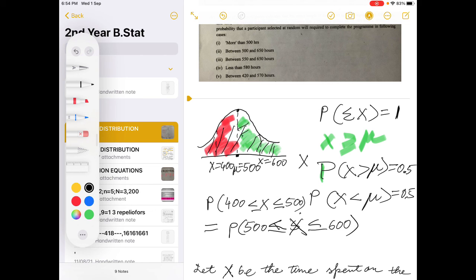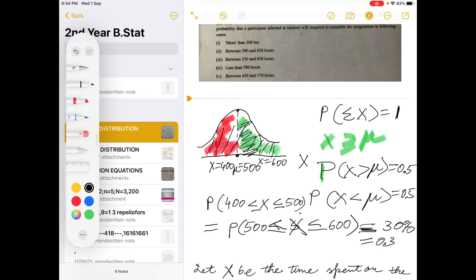Suppose I find that the probability that a value of x will lie between 500 and 600 is 30%. That is 0.3. Then the probability that there can be a value of x between 400 and 500, because of symmetry, will also be equal to 0.3. Because they both are mean plus 100 or mean minus 100, we get this property of probability.